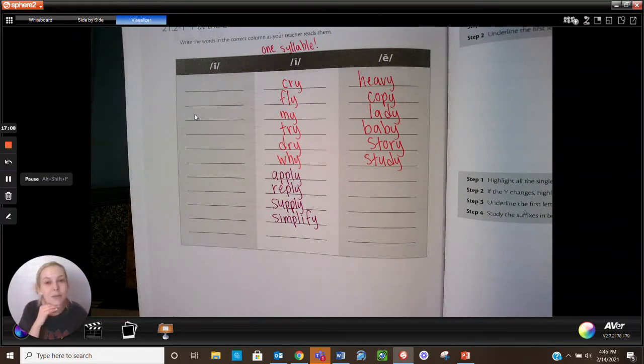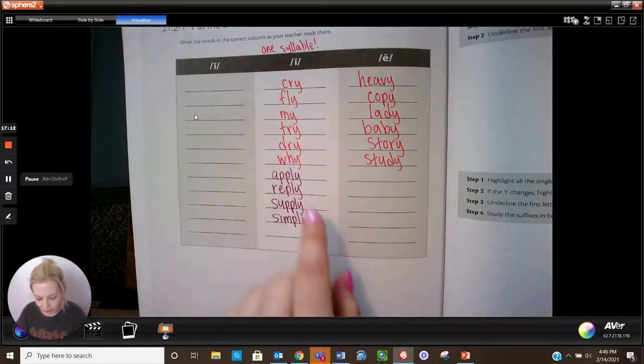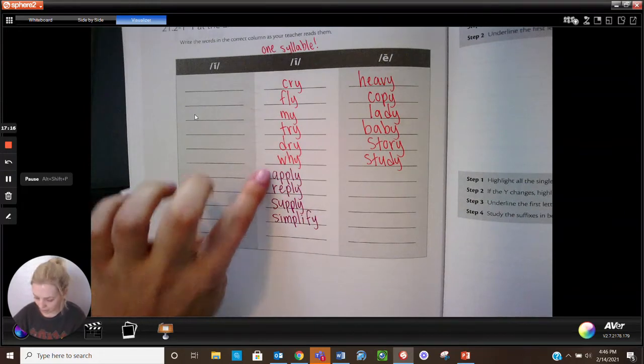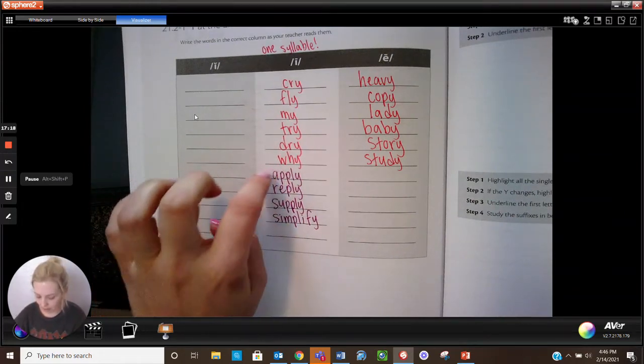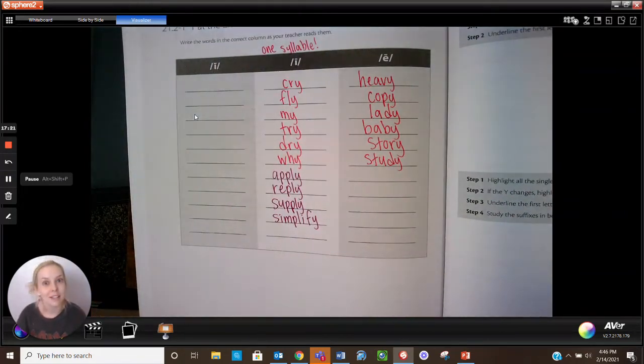Place your hand under your chin and say each of the words right here, these words. Actually, let's do them all. Let's do all the words. And then we're going to mark the stress syllable with a red stress mark, okay? And I'll show you what that looks like. I'm actually going to do mine in blue just so you can see it. You can do it with your pencil, that's fine.